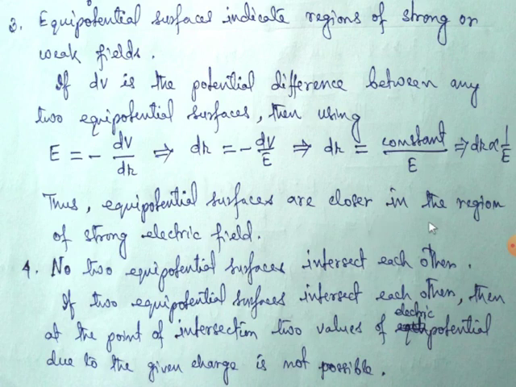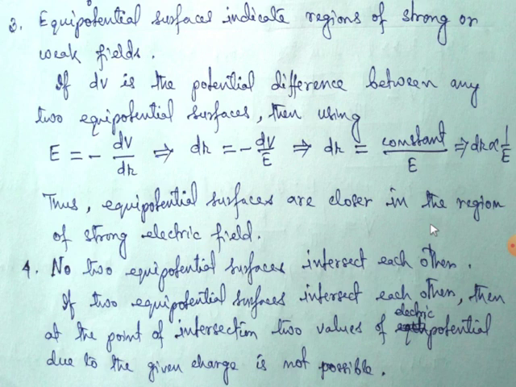At a particular point there should be a particular value of electric potential. Having two values at a given point is meaningless, so it is not possible.